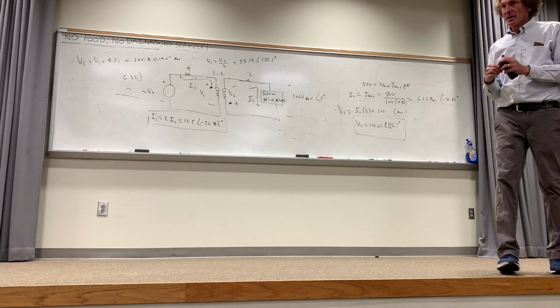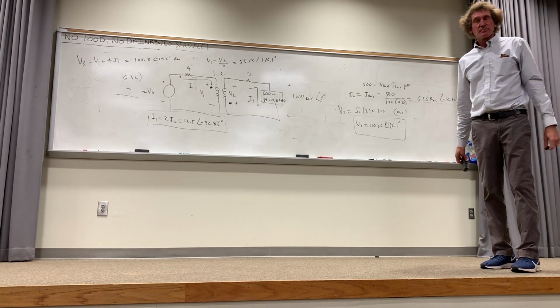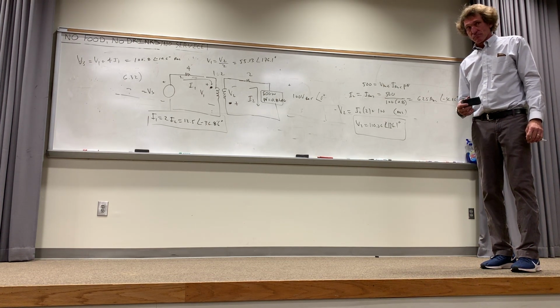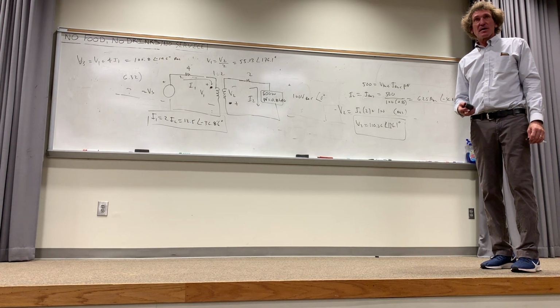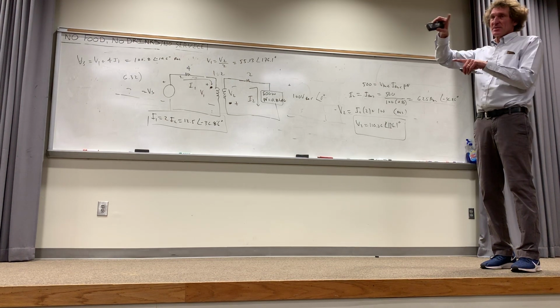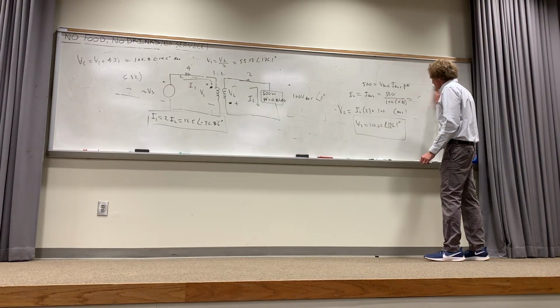Just take square root of 2 times 120. What do you get? Okay, about 170. You'll see it goes plus or minus 170 on an oscilloscope.